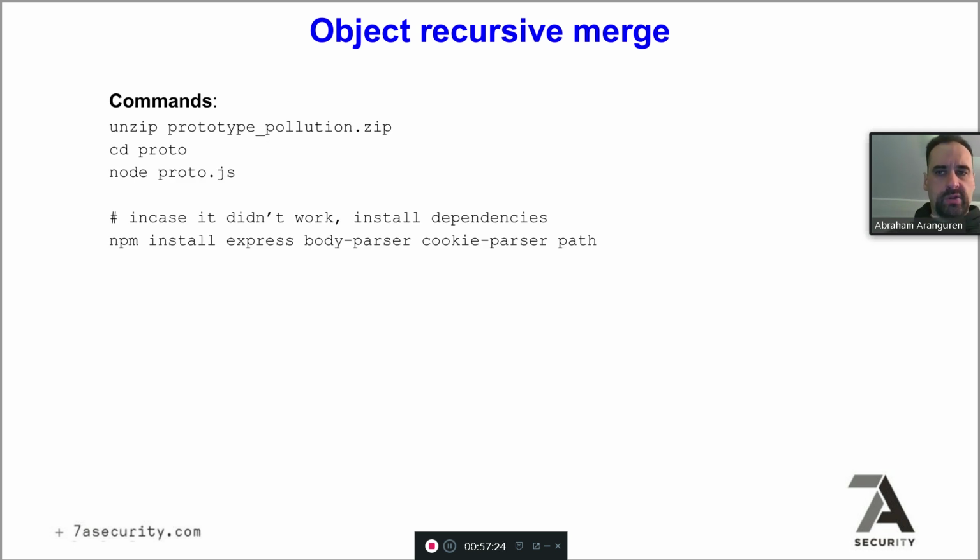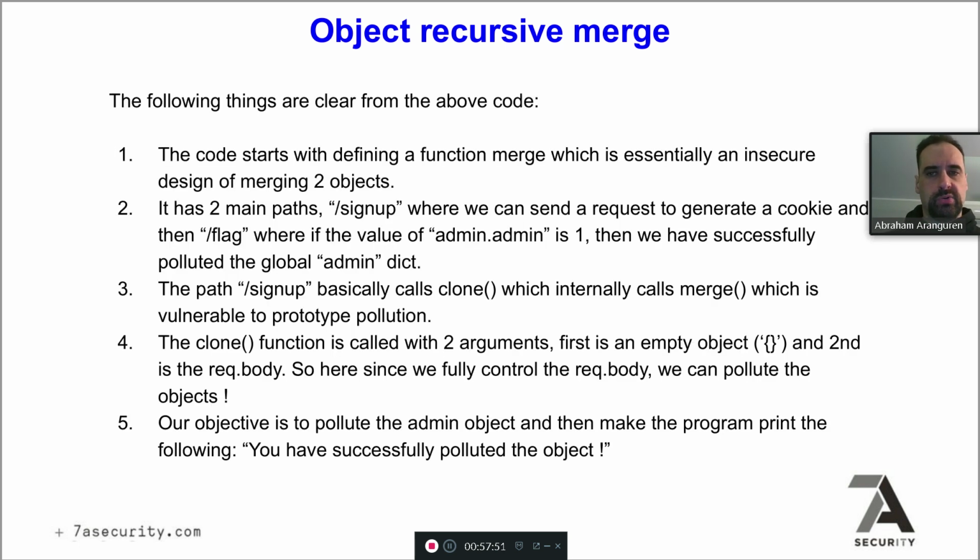Unzip prototype_pollution.zip, and then cd into proto, which is the directory that will be created, and then run node proto.js. In case this doesn't work, you may need to do npm install express body-parser cookie-parser and path. This will install all the dependencies for this application to work, and then try node proto.js again, and you should be good to go, right?